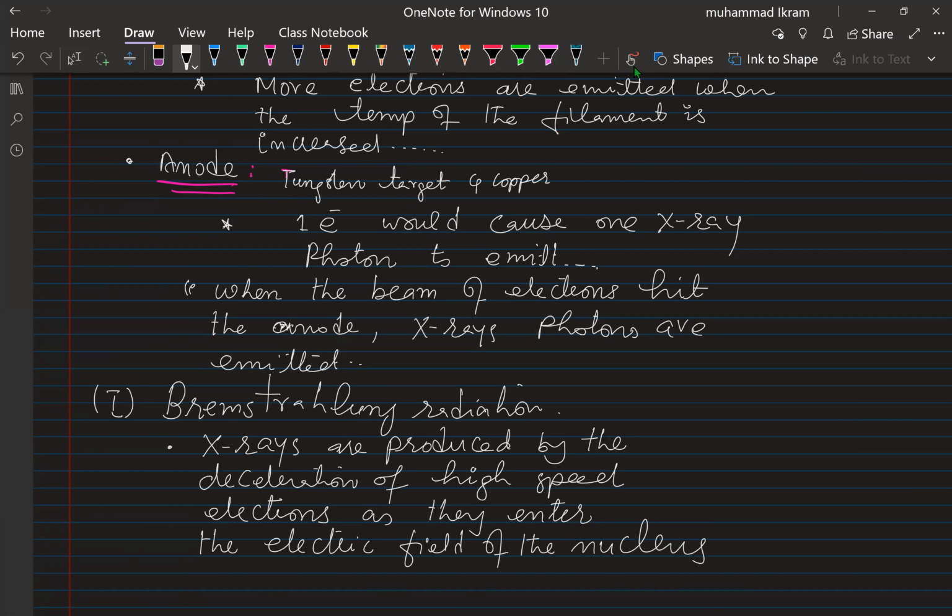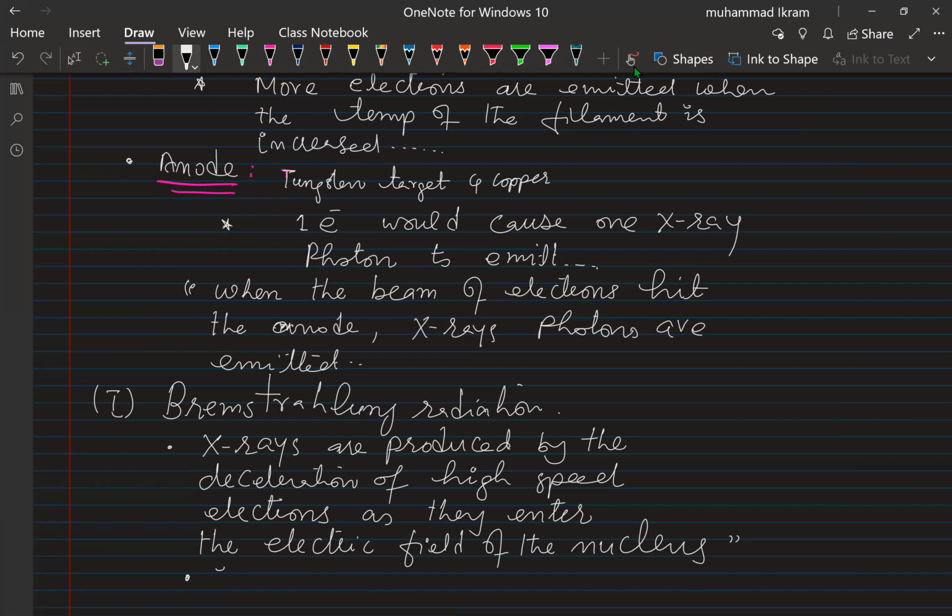So this is a German term. Brems means braking, and Strahlung means radiation. So this is why they are called braking radiation. That is, the result is deflection.